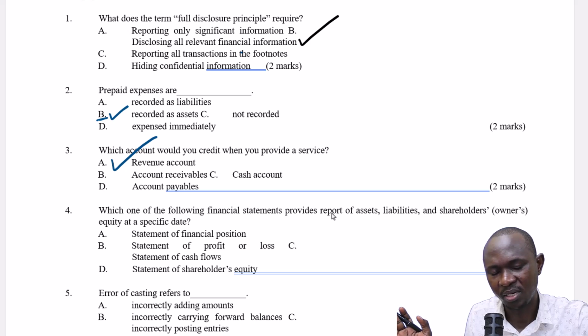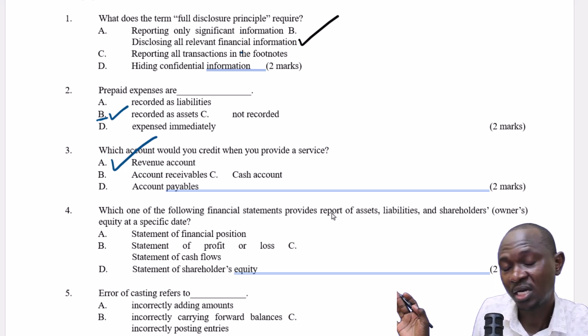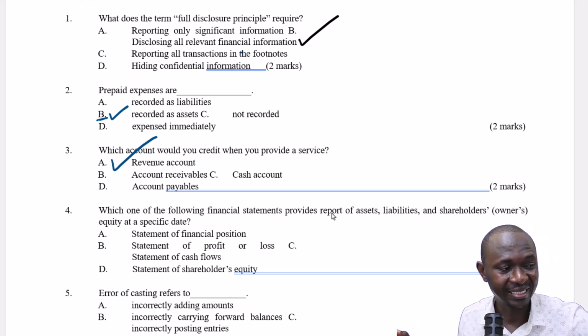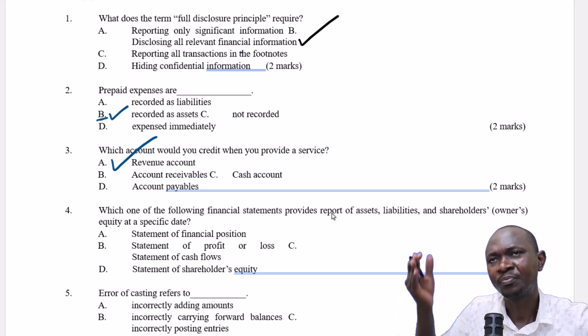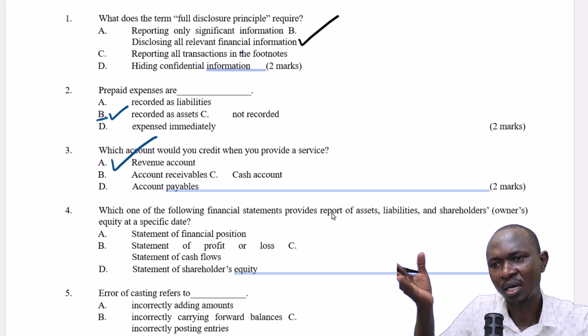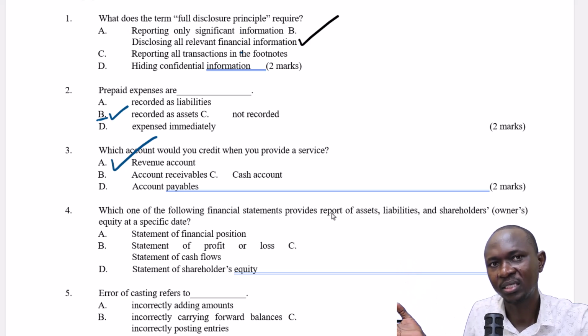If it's not a cash sale, then you are going to credit the sales account and debit the respective individual account that has not paid yet.